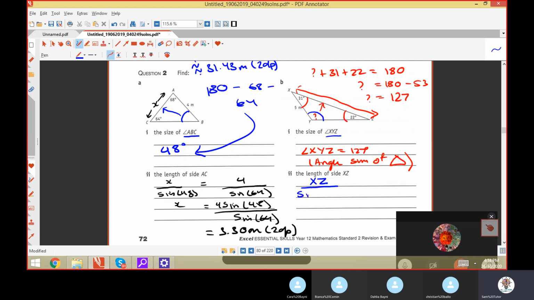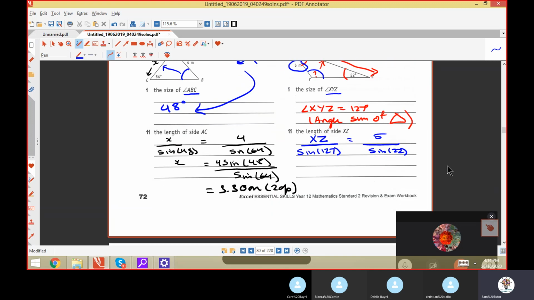So we could say sine 127 is equal to, now we need another one. What side can we use? We could use this side, 5. But 5 meters goes to what angle? That's right. So it'll be 5 all over sine 22.